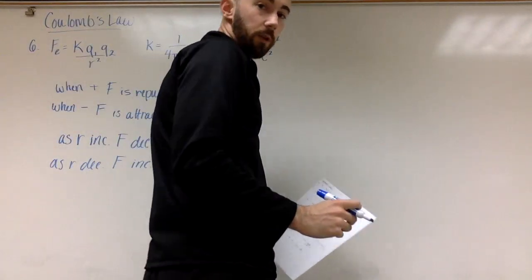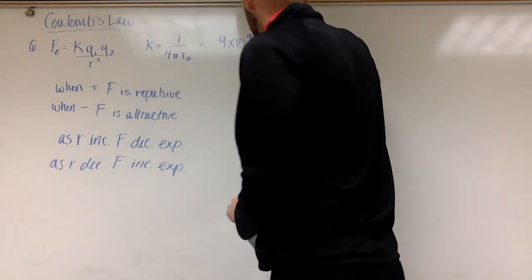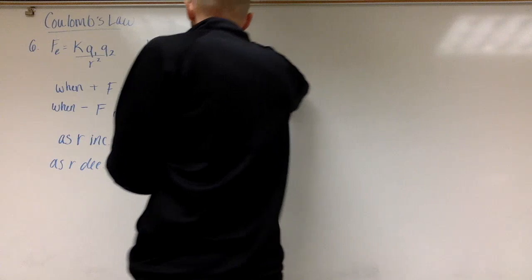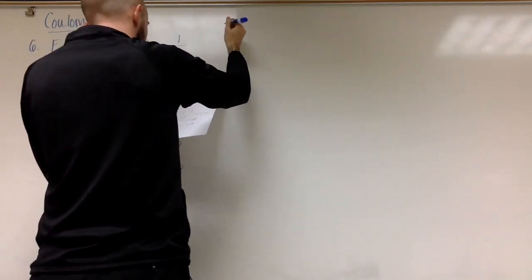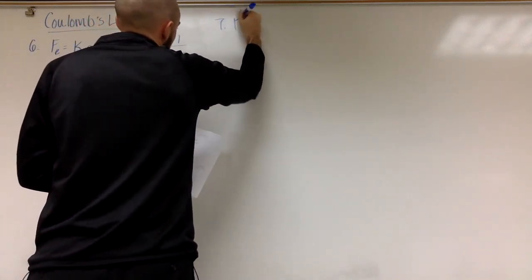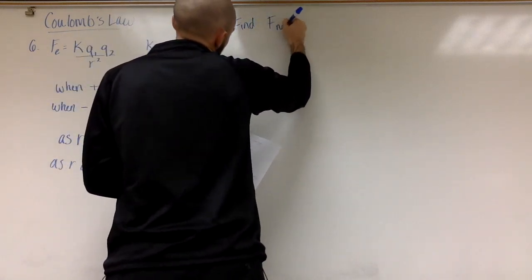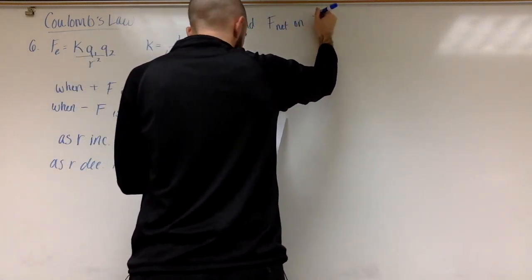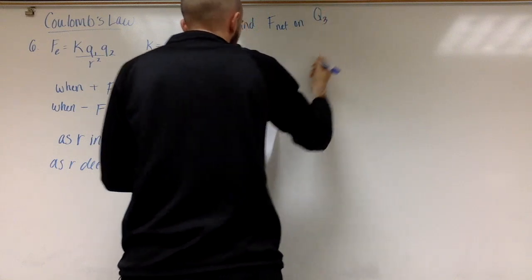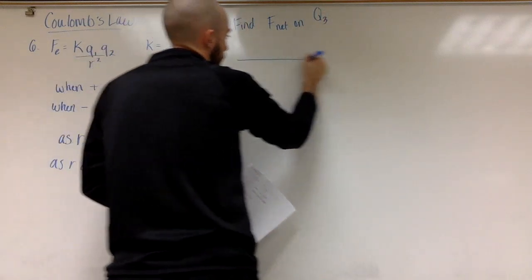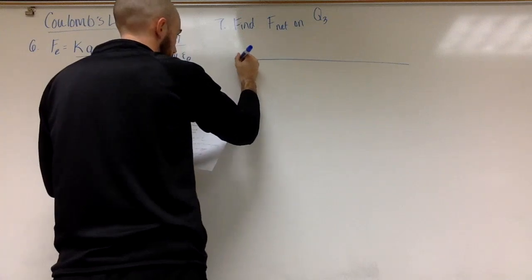Let's do a practice problem with it. I'm going to erase this just so I have a little more room to work. I want you to find the net force on Q3 from the other two particles that are with it. So let's say we've got this distance up here.